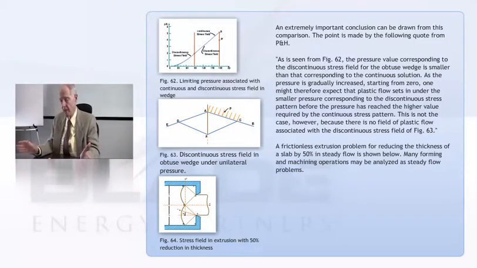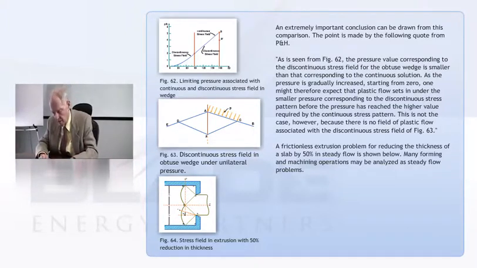And that's the case here, where this discontinuous stress field is below the solid line. So in fact, you would have to go to the higher point when you're past 90 degrees in order to find the correct flow solution.